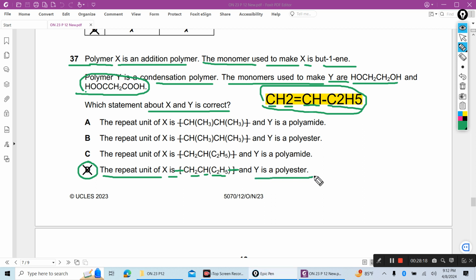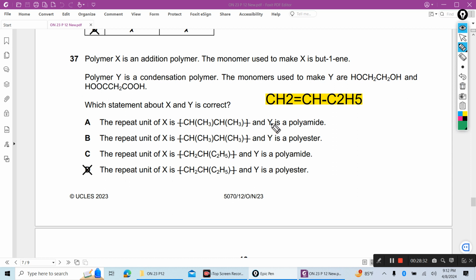Y is a polyester: a dicarboxylic acid and a diol react to produce a polyester, and a dicarboxylic acid and a diamine produce nylon. So D is the correct answer. Here in but-1-ene, the left carbon contains 2 hydrogens, the double bond becomes a single bond with bonds open, and the right carbon contains 1 hydrogen and 1 ethyl group, C2H5.